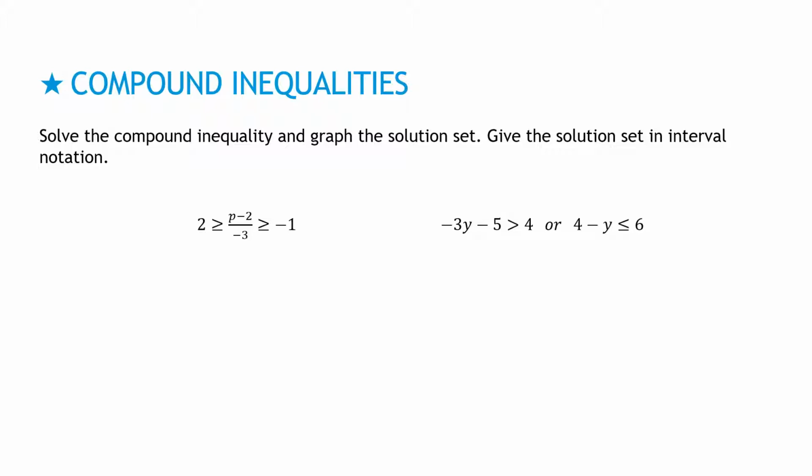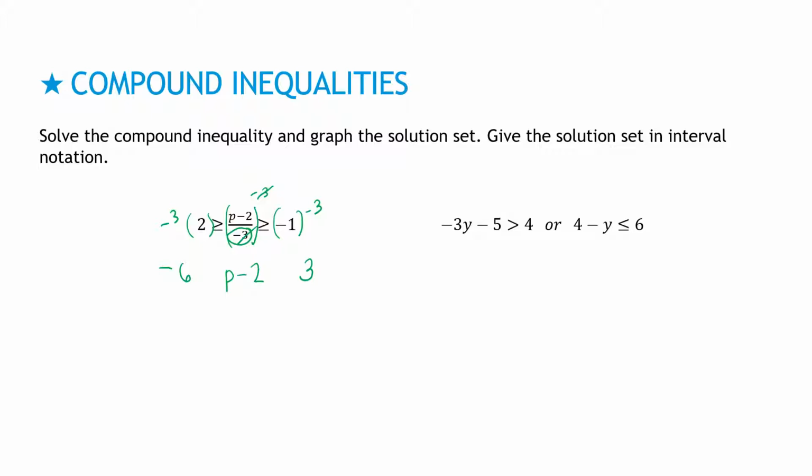So for the first one, again, I would solve by first multiplying by negative 3, and because it's an inequality that looks like this, I actually have to do it 3 times. So negative 3 times 2 is negative 6. This negative 3 cancels out my fraction. Negative 1 times negative 3 is 3.